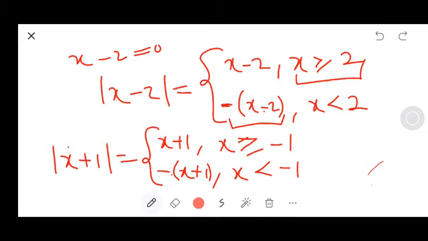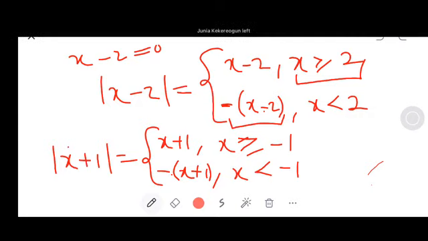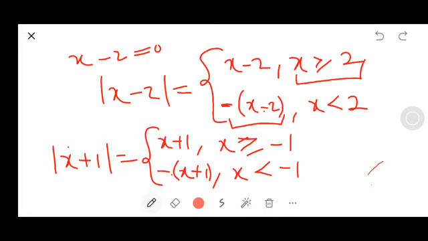The reason I set x plus 1 equal to 0 is for you to know where I got that minus 1. So if x is greater than minus 1, you have positive x plus 1, and if x is less than minus 1, you have negative of x plus 1. I hope it is clear now.